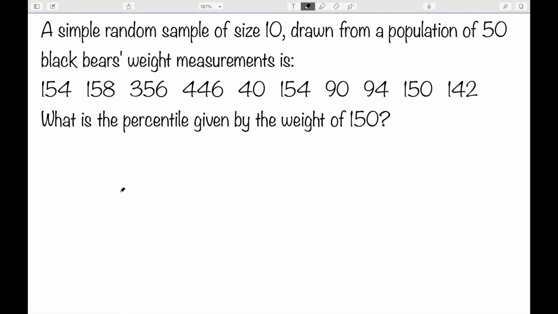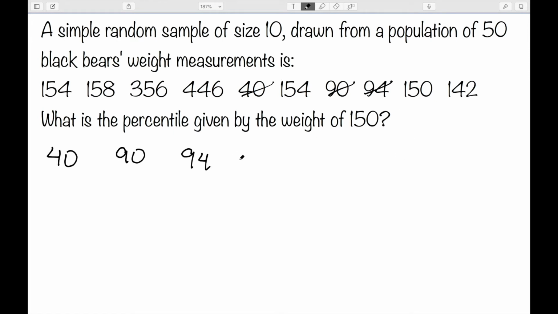Let's suppose we have a simple random sample of size 10 drawn from a population of 50 black bear weights, and the measurements are given here. I want to know what percentile is given by the weight 150. Our first step is to order. We have 40, 90, 94.